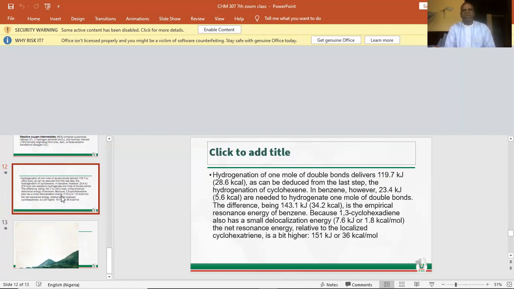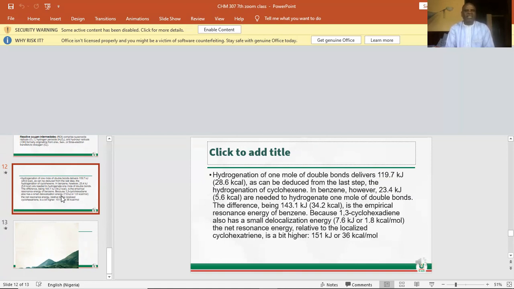The hydrogenation of cyclohexene in benzene, however, is 23.4 kilojoules needed to hydrogenate one molecule of double bonds. That difference, 143.1 kilojoules, is the empirical resonance energy of benzene, because 1,3-cyclohexadiene also has a small delocalization energy of 7.6 kilojoules per mole.